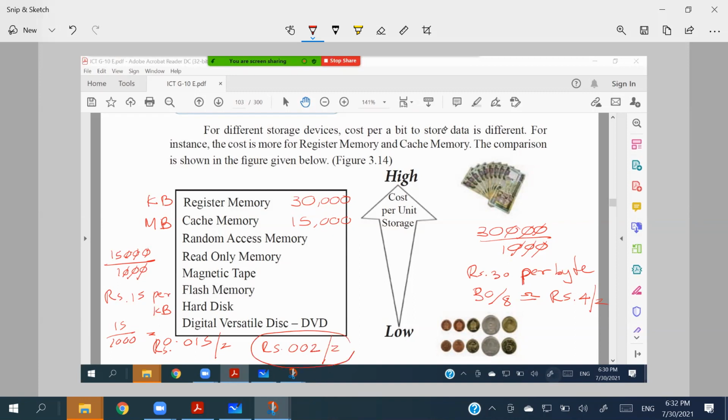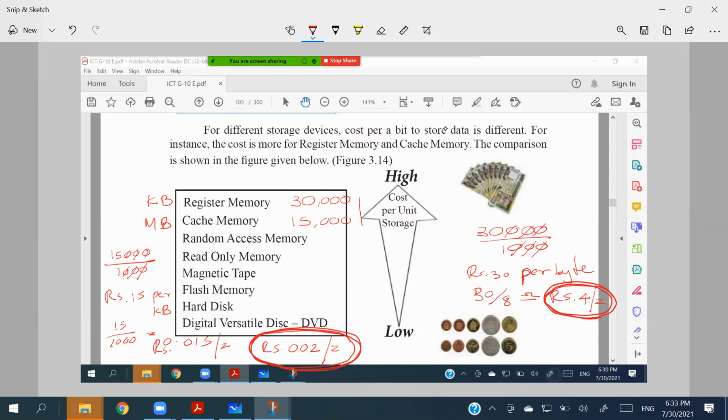So this is the cost per byte for cache memory. This is the cost per byte for register memory, right? So you can see the highest cost is contained by the register memory.